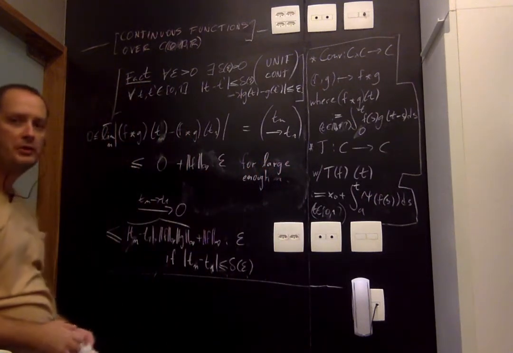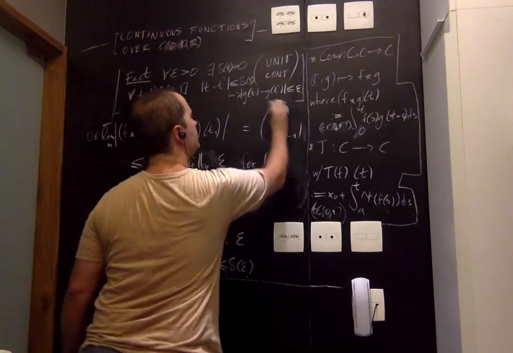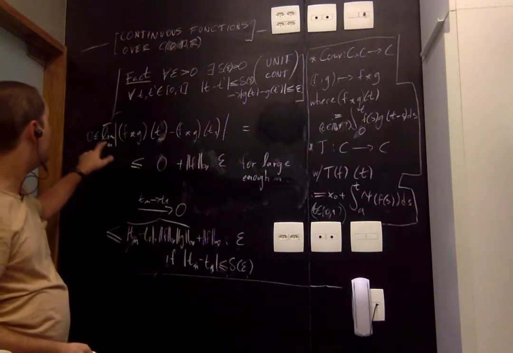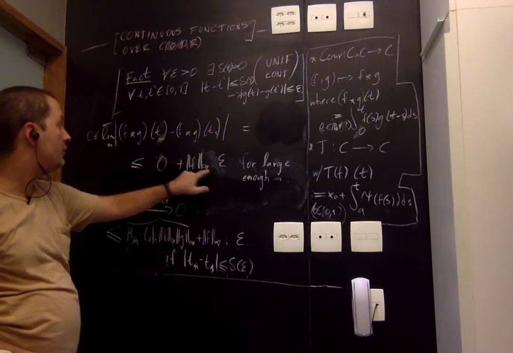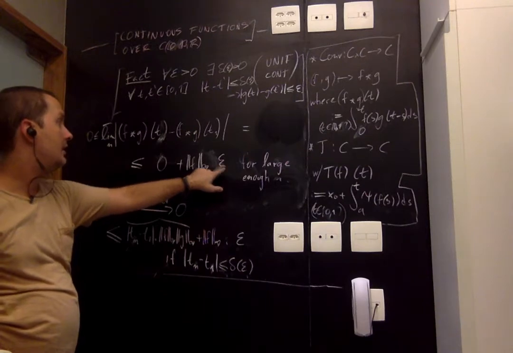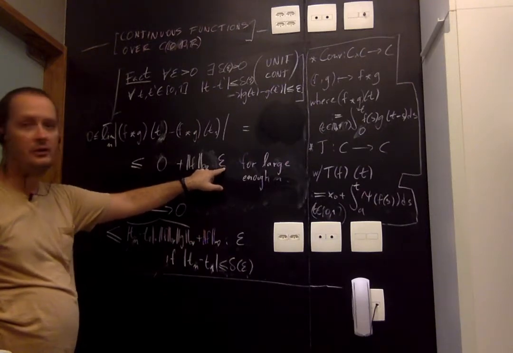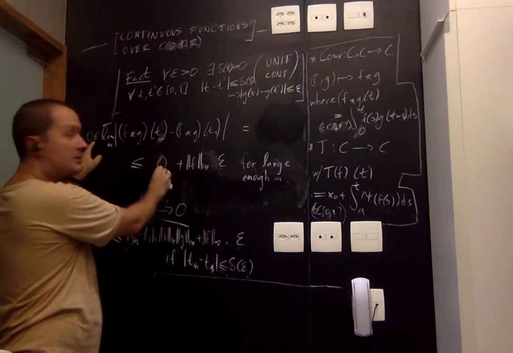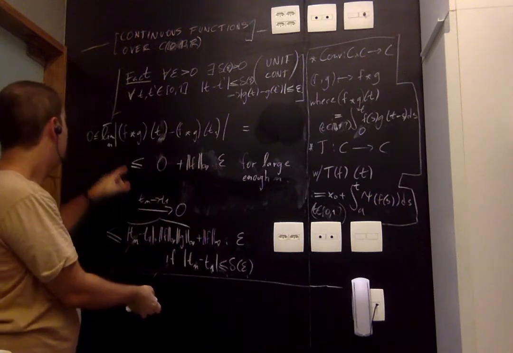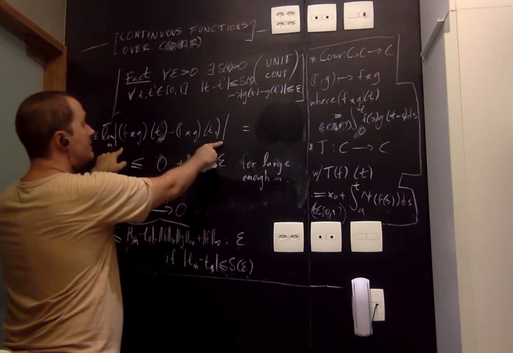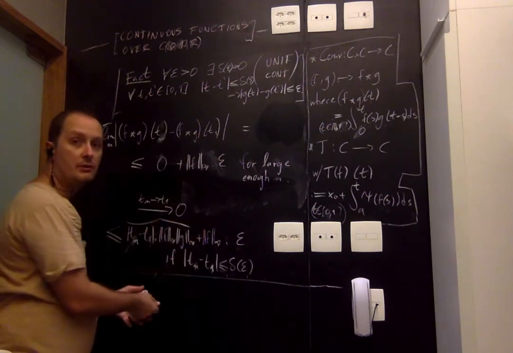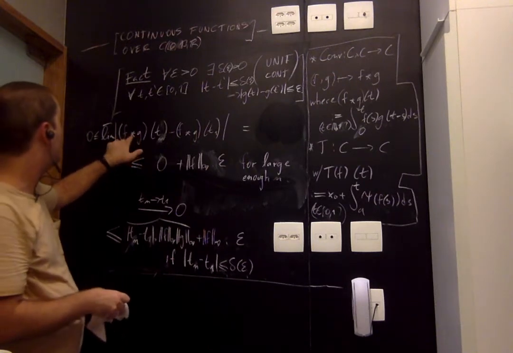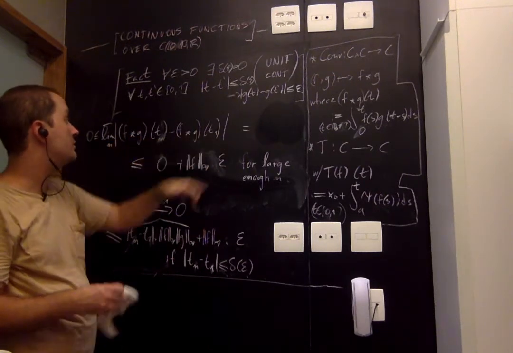That's what I need, because now I know that my lim sup is between 0 and this number here, f infinity times epsilon. Epsilon is arbitrarily small. Therefore, I can send epsilon to 0, and I guarantee the lim sup is between 0 and 0. Therefore, it's equal to 0. But since this is a non-negative sequence of numbers, it has to converge to 0 if its lim sup is 0. That means that f star g of T_n converges to f star g of T1.